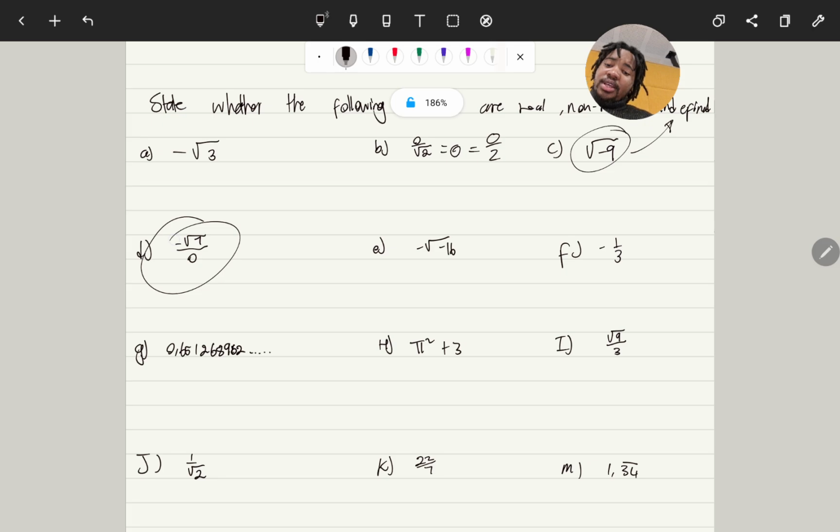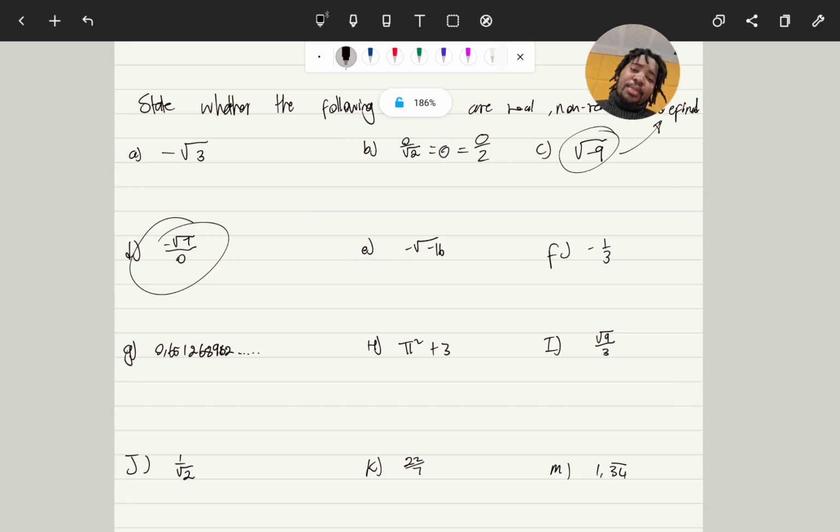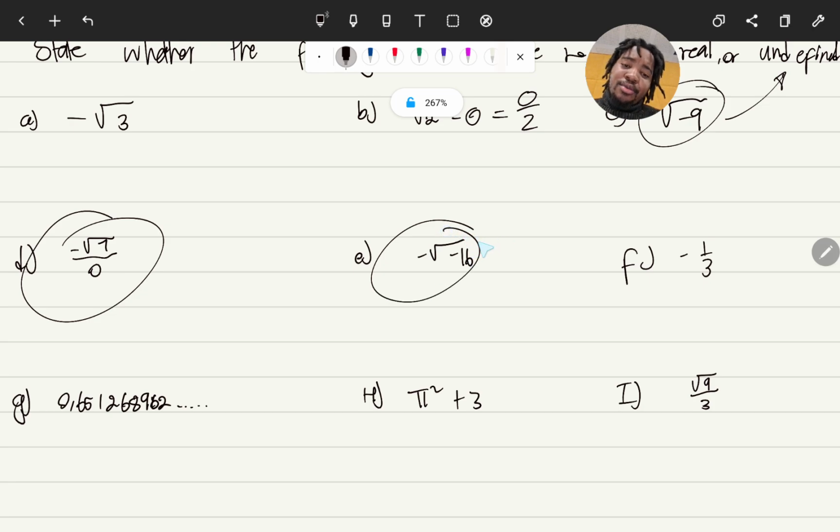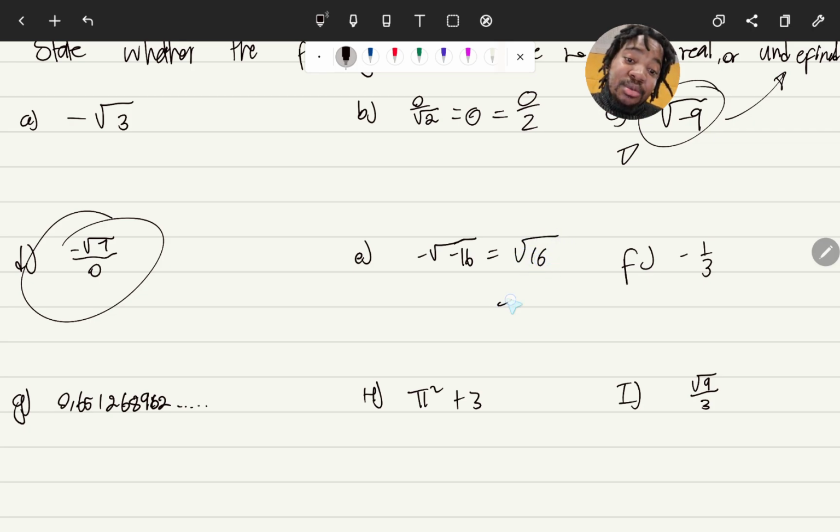We have a beautiful thing here where we are dividing by 0. We already know that is not a real number. We cannot divide by 0. And of course, right here we have something interesting, quite similar to what we have here. Just a simple mistake, someone could end up saying we have negative by negative is positive, and then the person ends up saying this equals 4, and therefore this is a real number and it is a rational number.